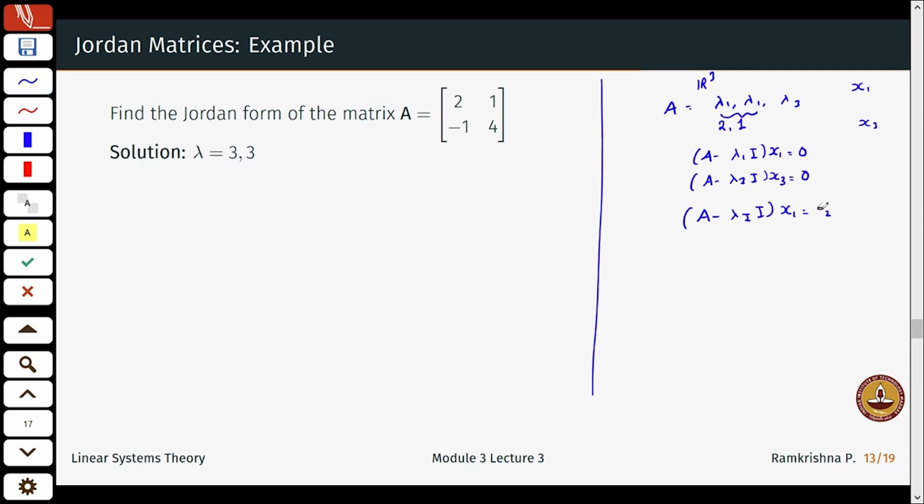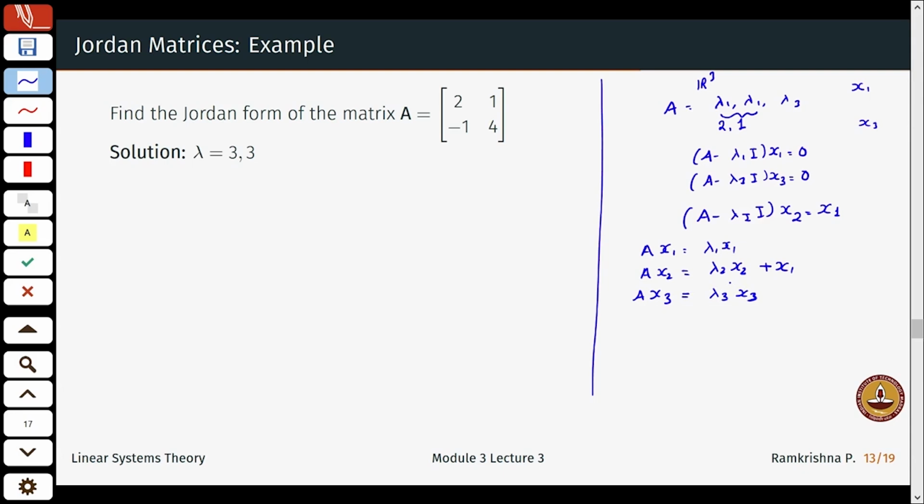Sorry, there is a little typo here. A minus lambda I times x2 is x1. So, I will have A times x1 is lambda 1 x1, A times x2 is lambda 2 x2 plus x1, and A times x3 is lambda 3 x3.